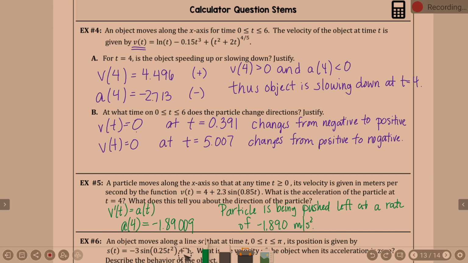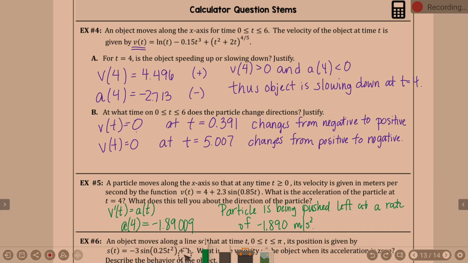I'm trying to look real quick. It might be quicker for us to do number 7 than number 6. Did I have to find that derivative by hand? Okay, let's jump down to 7 for a moment.